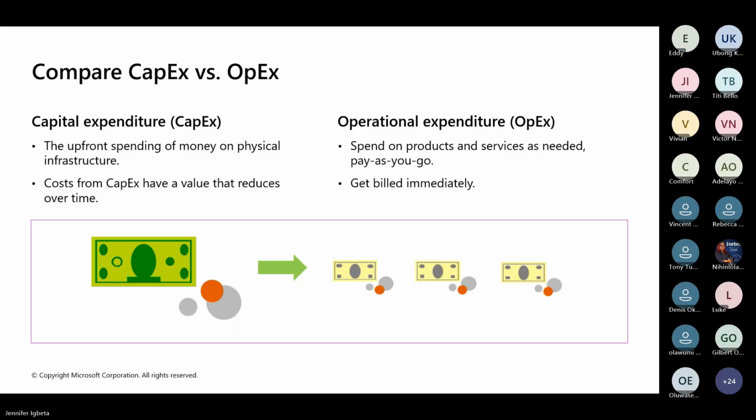Then on the public one, I think the value also reduces over time, and also in terms of upfront spending of money on physical infrastructure, I think it's more like it's open. It's not like the private one. That's my understanding though, but I stand to be corrected.